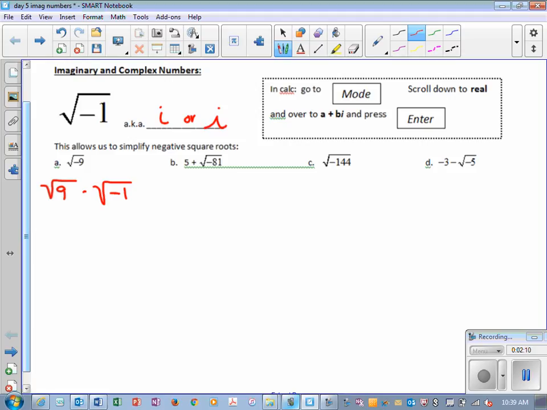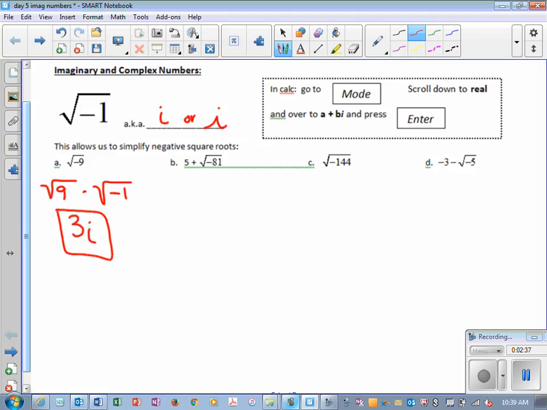You could break them apart, yeah? What's the square root of 9? 3. What did I just tell you the square root of -1 is? i. So this is 3i. Okay? If you have a negative inside the square root, an i needs to come out.